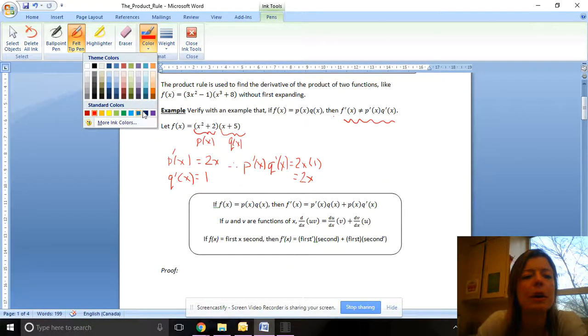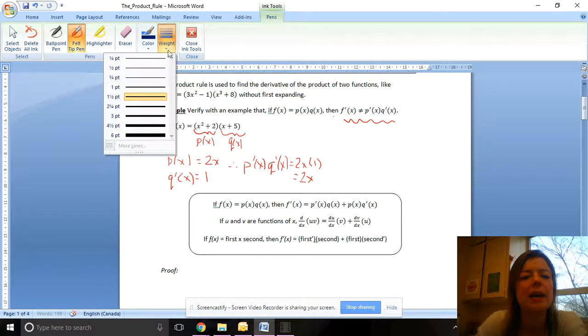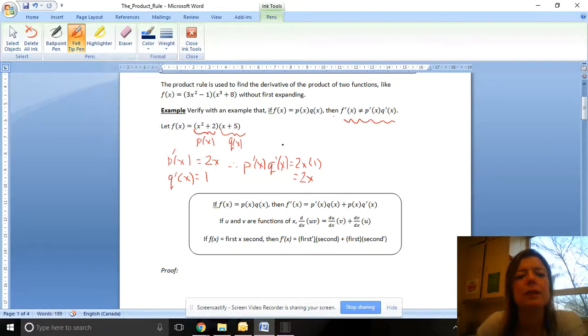So think about how I can do that. How am I going to show that? Well, I'm going to FOIL this and then take the derivative, and you'll see that it's not the same thing. If I FOIL, I get x squared times x, which is x to the power 3, and then 5x squared, and then 2x plus 10.